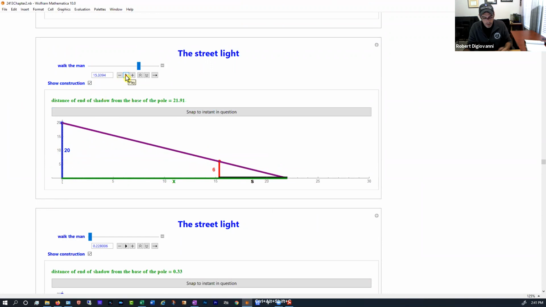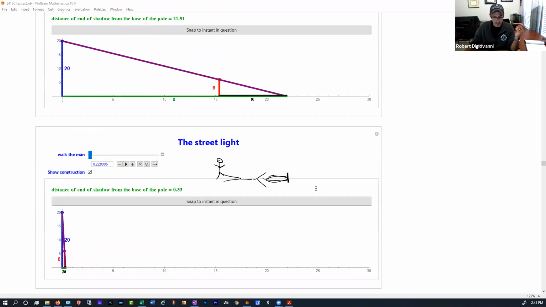There's their body and legs, and on the ground is their shadow. As the person walks, their shadow is growing. What we're going to ask is at a specific instant in time, how fast is the tip of the shadow moving? Now, these problems just get crazier and crazier.